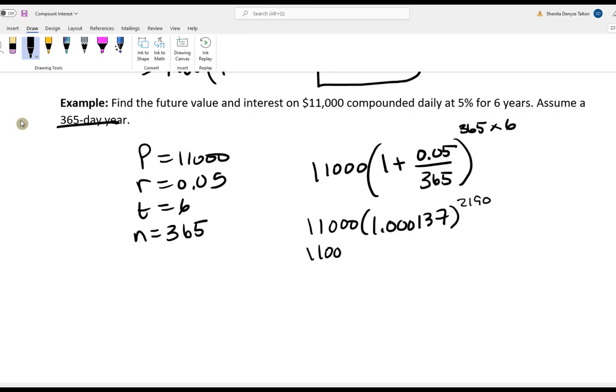And I get 1.349872. I'm going to multiply that by the 11,000 and I get 14,848.59.